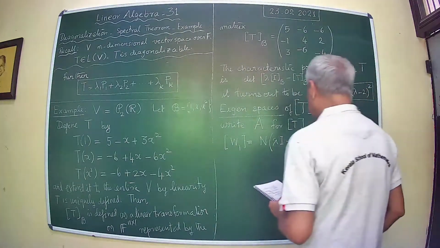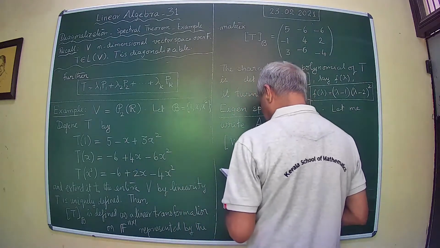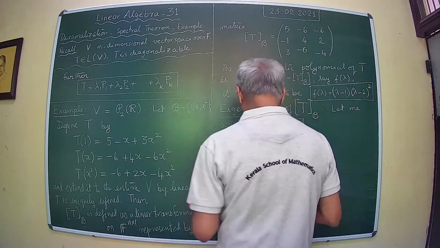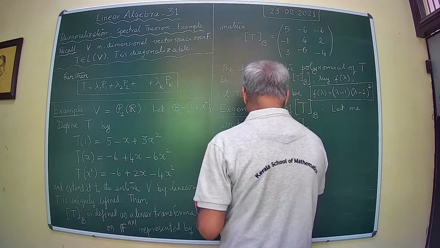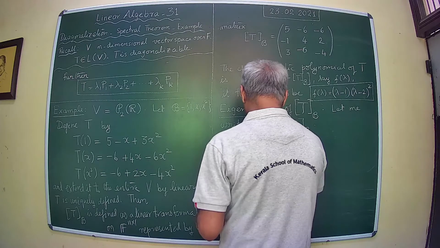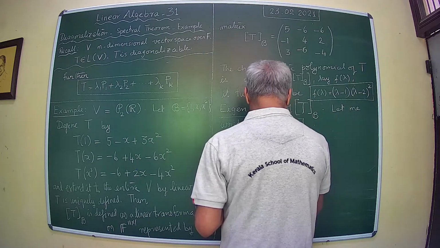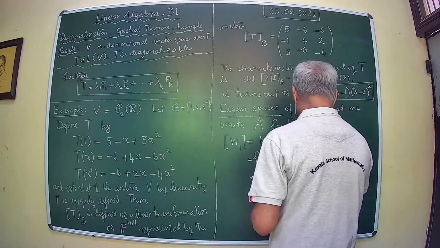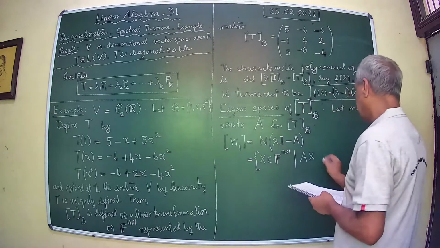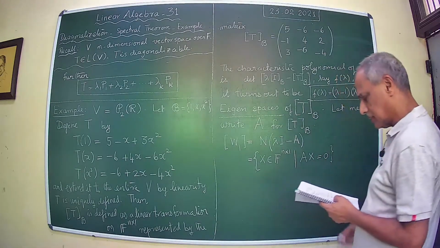And what is this? This is equal to the set of column vectors x such that A x equals 0. Let us compute this.